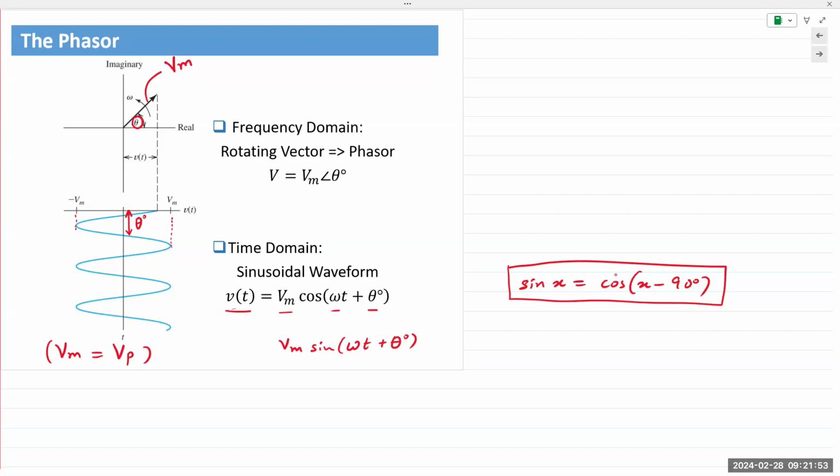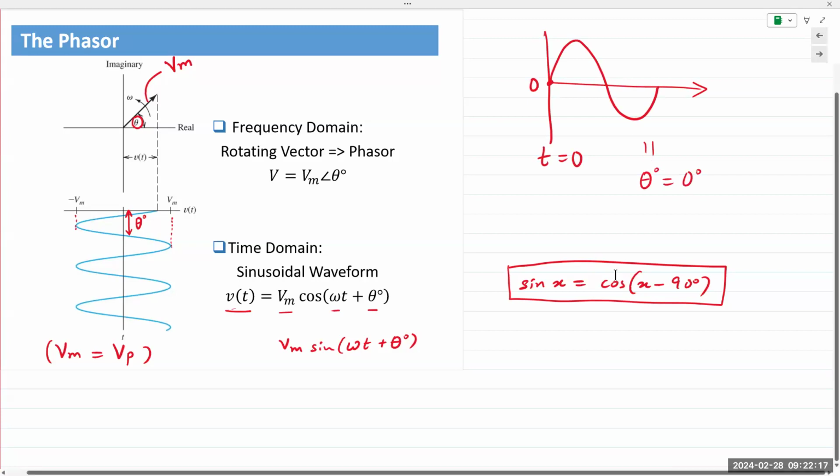Does that make sense to everyone? If the sinusoidal waveform began at 0, 0, right here, then the phase angle is 0 degrees, and the vector would simply lie on the x-axis.